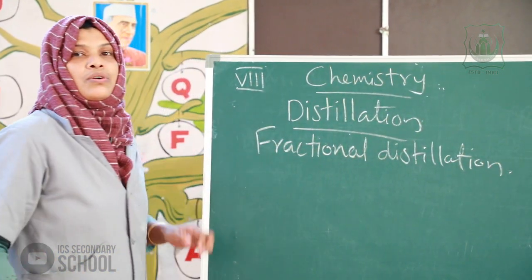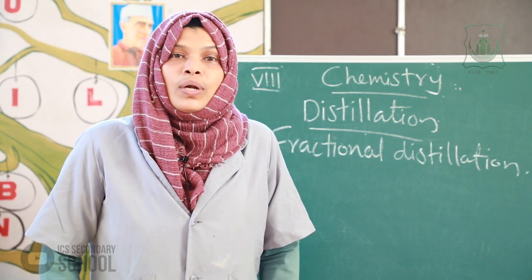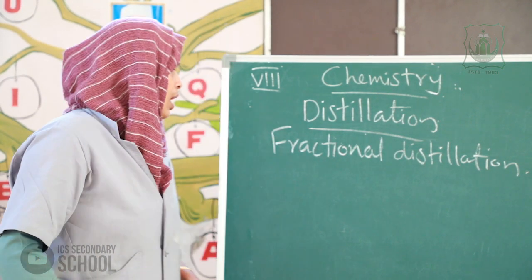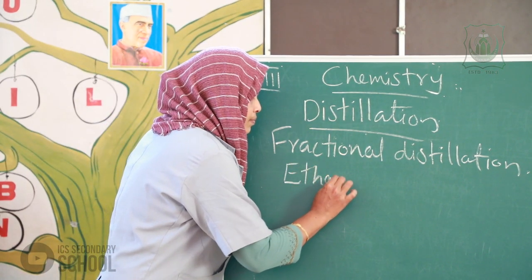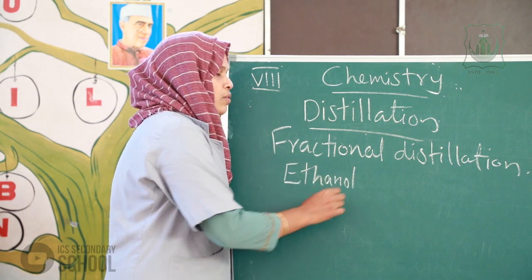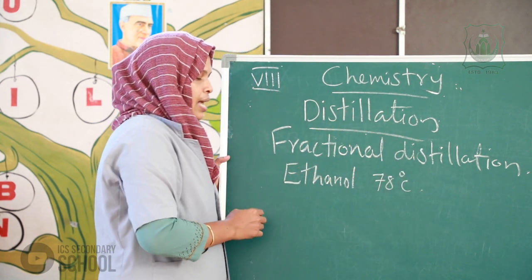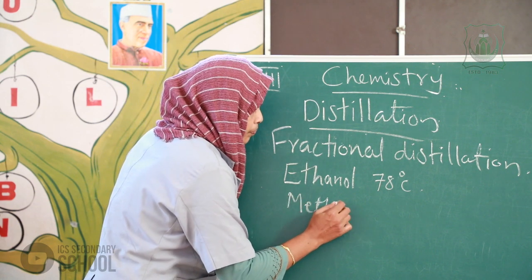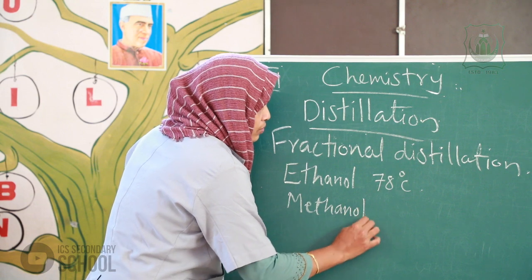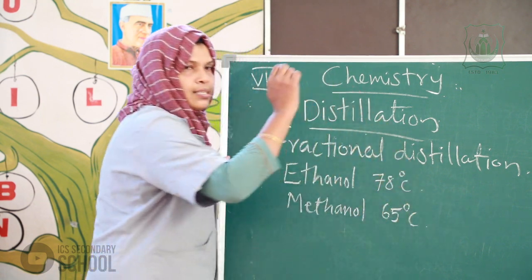Here, a mixture of ethanol and methanol. Ethanol has a boiling point of 78 degrees Celsius and methanol has a boiling point of 65 degrees Celsius.